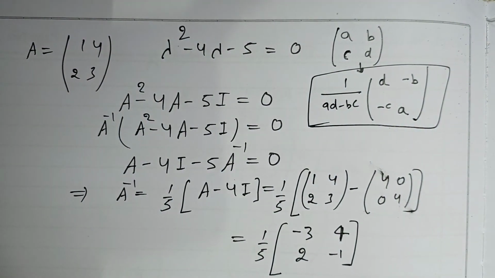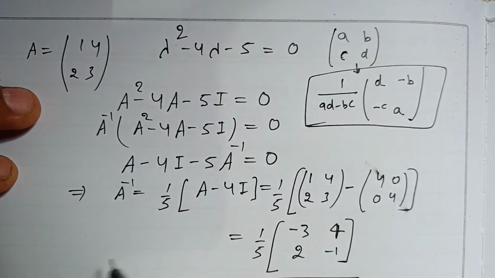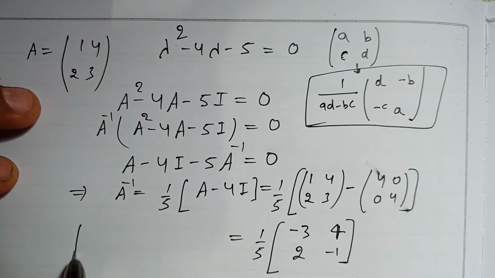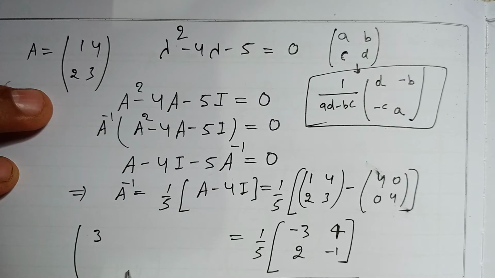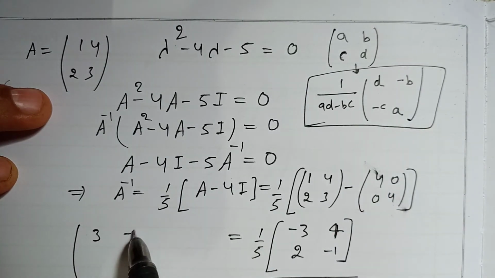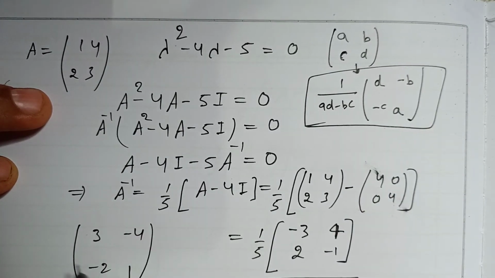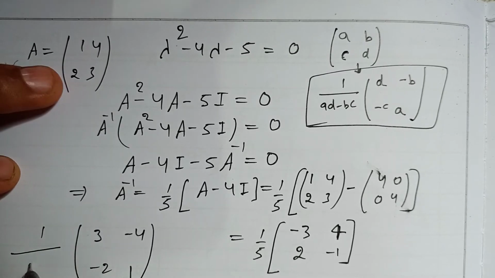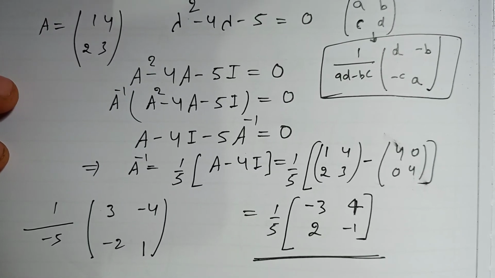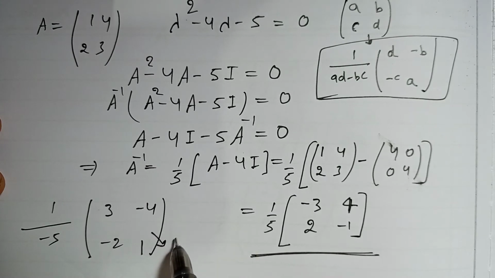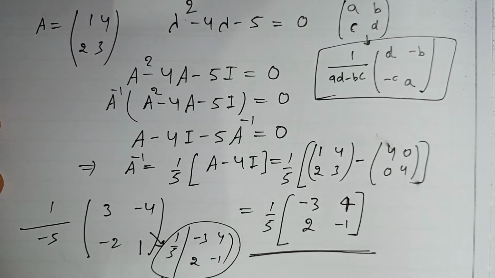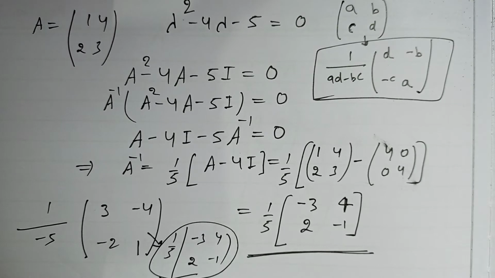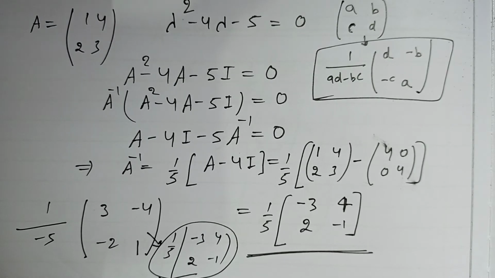If you find the inverse using this formula, first we interchange the diagonal elements, so we get 3 and 1, and we put minus 4 and minus 2, divided by the determinant 3 minus 8, which is minus 5. If you simplify, we get 1 by 5 times [-3 4; 2 -1]. We are getting the same answer. Fine. So using the Cayley-Hamilton theorem we can find the inverse of the matrix.